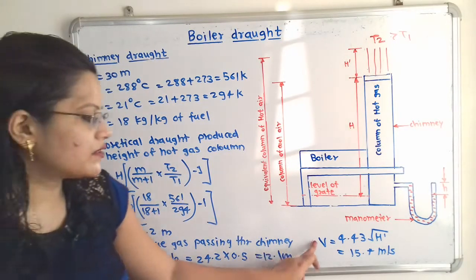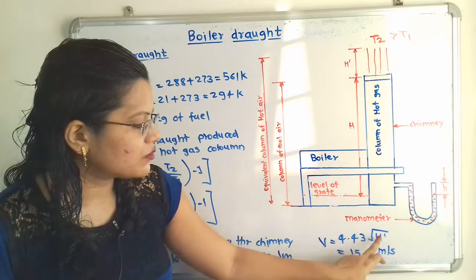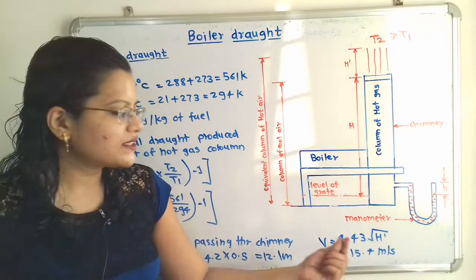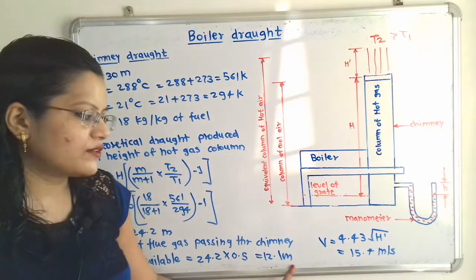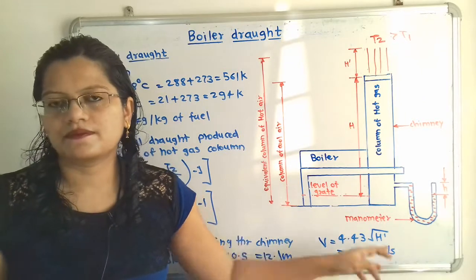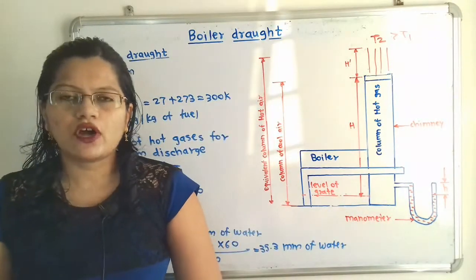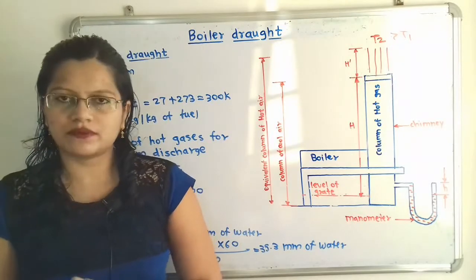Now we will calculate the velocity. So velocity is equal to 4.43 under root of h dash. So this h dash we have to take the draught available, that is 12.1, and answer is 15.4 meter per second.